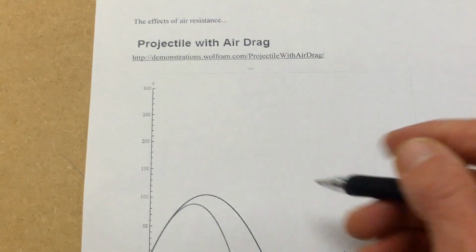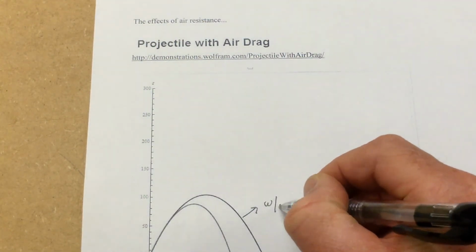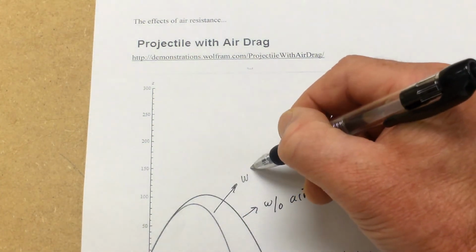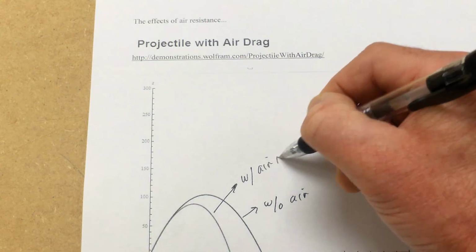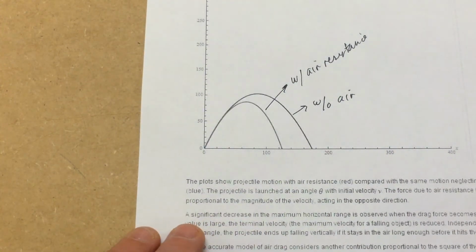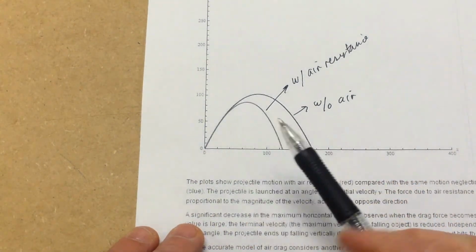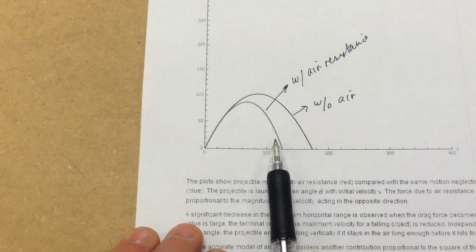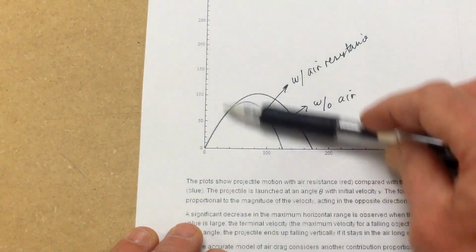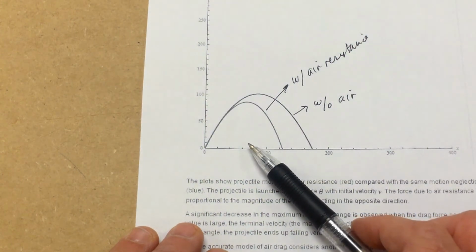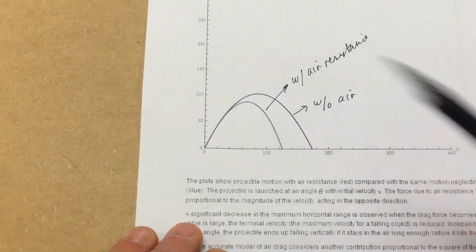So this is without air, and then this curve is with the air resistance. You can see where the wind will shorten the parabola, shorten the trajectory so the ball doesn't go as far, and it also doesn't go as high. So this air resistance really counters how far the ball goes and how high it goes.